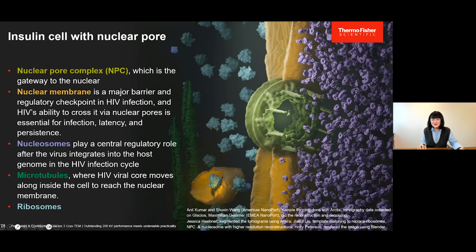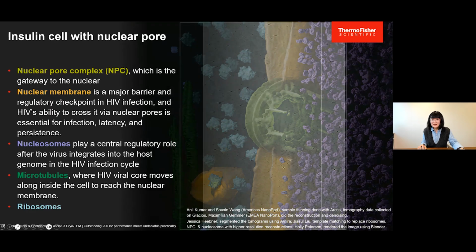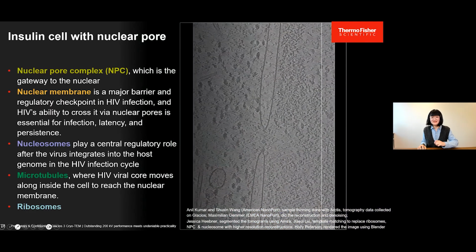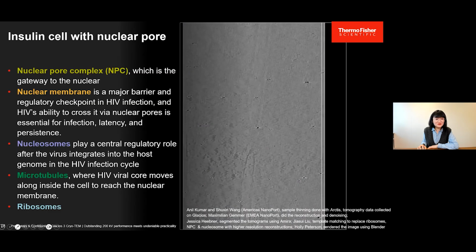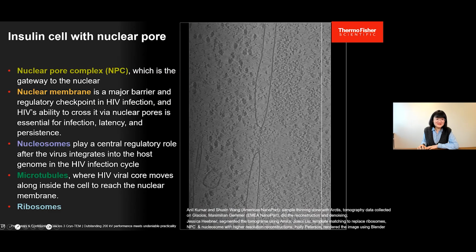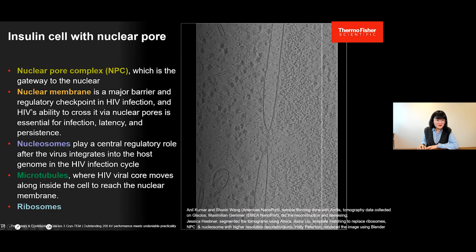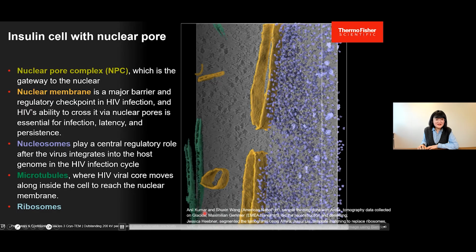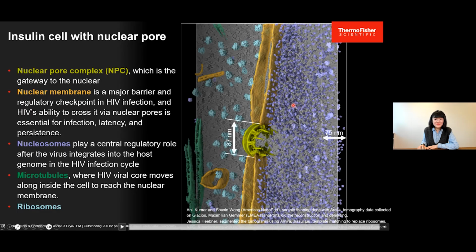In the tomogram, you can see the quality of this tomogram in this movie. In this tomogram you can see membranes, nuclear membranes, microtubules, nucleosomes, also ribosomes and nuclear pore complex partial density.